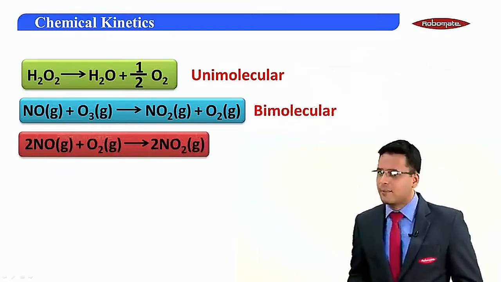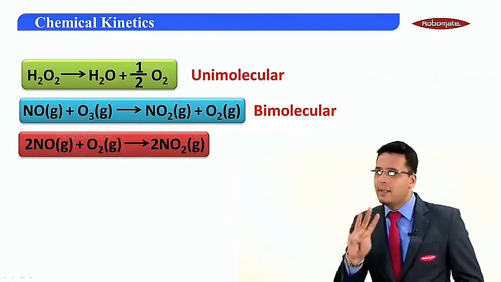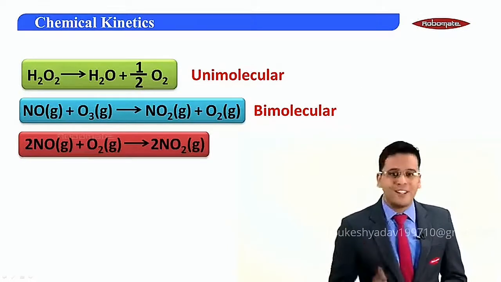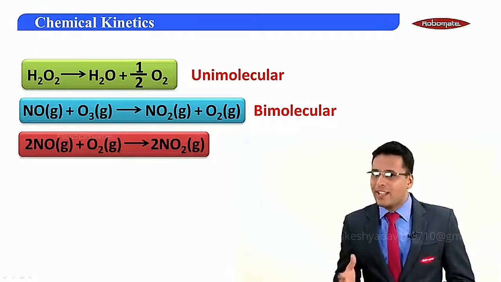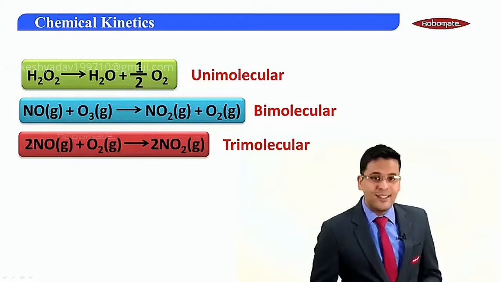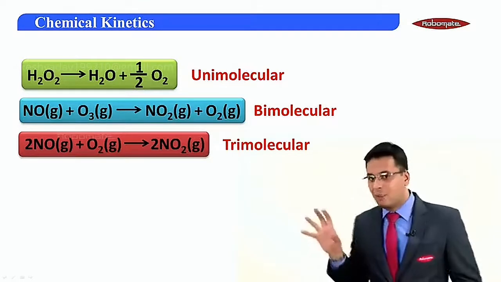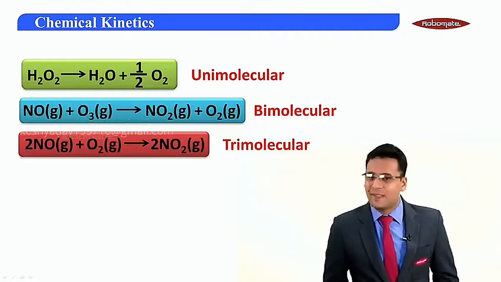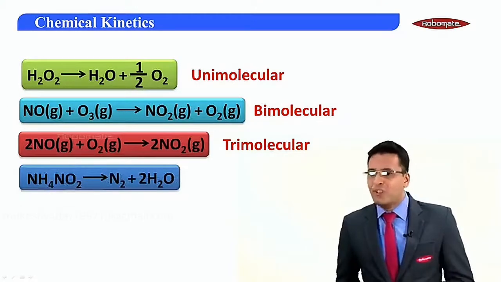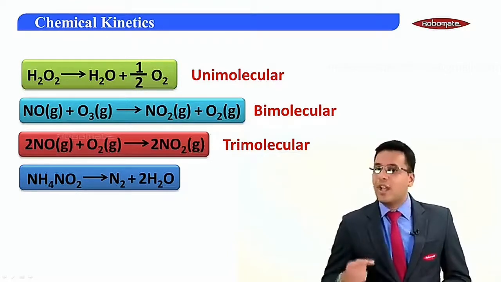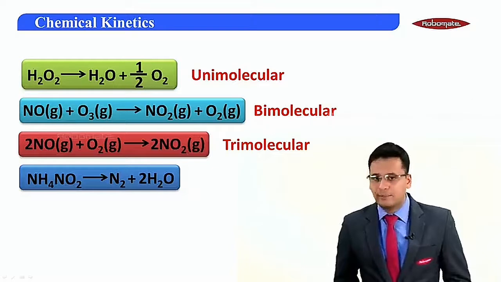For this reaction, now we can see that 3 molecules are colliding simultaneously to bring about the reaction. So I can say that it's a trimolecular reaction, which means that 3 is the molecularity for this reaction. Take this reaction now, NH4NO2 decomposing to produce N2 and water.